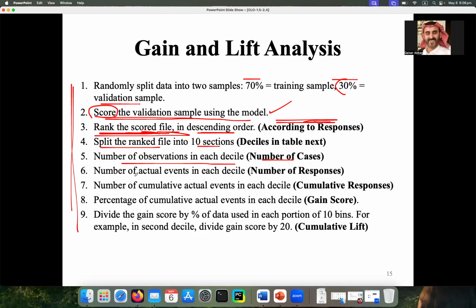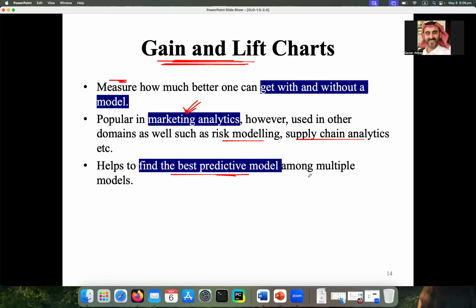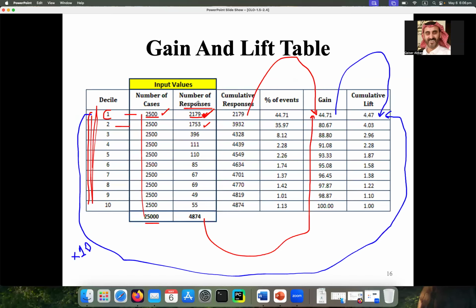And then the number of actual events in each decile, number of responses, that is the thing. That is the number of actual responses which happened. From these 2500 cases, this is positively identified by the model for each decile.